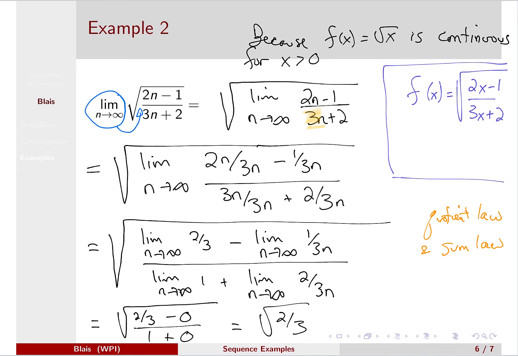So whether you're looking at the sequence when you plug in n equals 1, 2, 3, 4, 5, although we'd have to start, yes, starting at n equals 1, that sequence will have the same limit as this function. Because again, think of the function as the road and the sequence as footsteps on it. They both go to the same place. So the techniques we used here are the same as what we already knew.